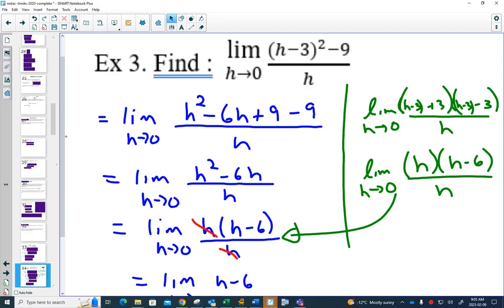But there will be some cases where there's an option that is better than the other one. Makes your life easier. Having both of them available in your mind gives you options. And you can sometimes look at this question and go, oh, should I factor it as a difference of squares or should I just multiply it out? If this happened to be h minus 3 to the 4 minus 9, the difference of squares might be a lot nicer.